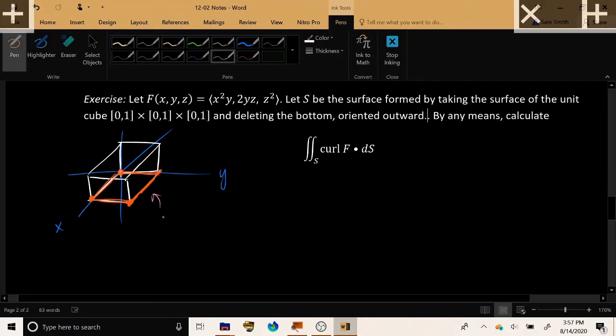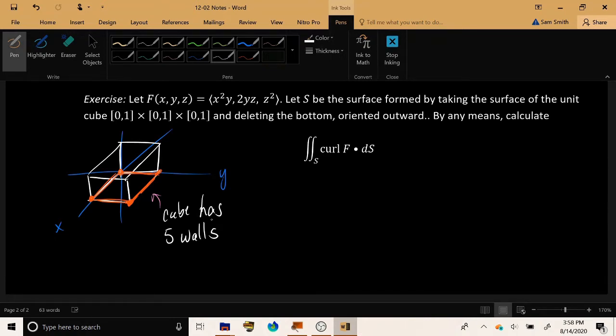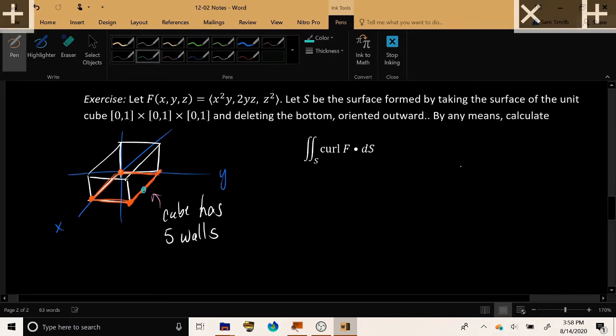So here, this cube has 5 walls. The bottom wall has been deleted, but it still has its front, back, left, right, and top walls. Now they say we have oriented this cube in the outward direction.